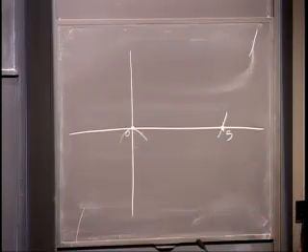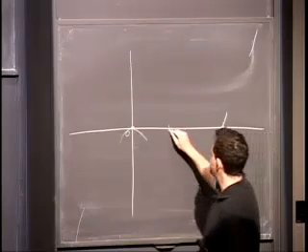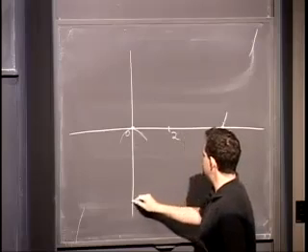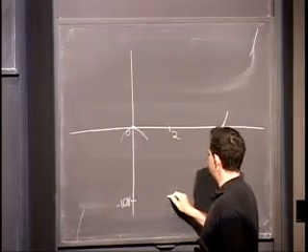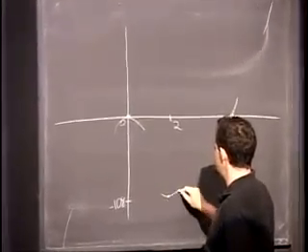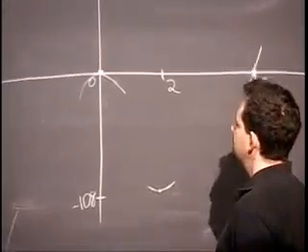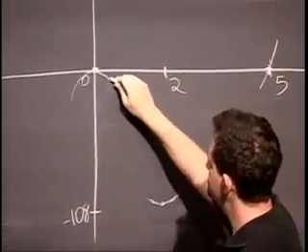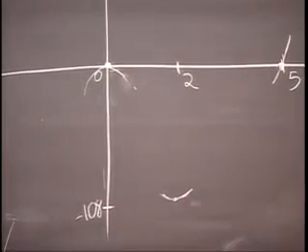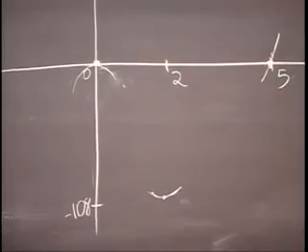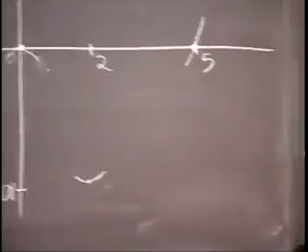What else do we know? We knew that there is a local minimum at x equals 2, and that the y-coordinate there is minus 108. This is obviously not to the same scale on both axes, because that's 108 and that's only 2. But we also know that there's a horizontal inflection point at x equals 5.